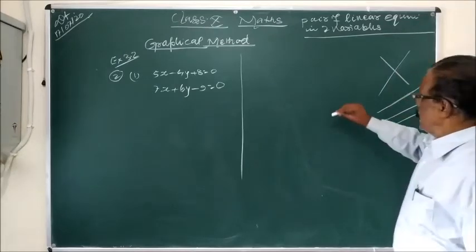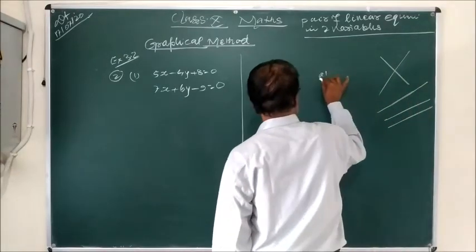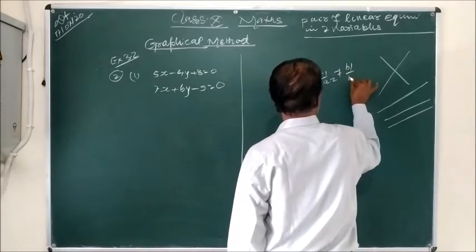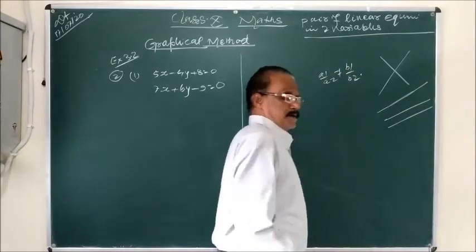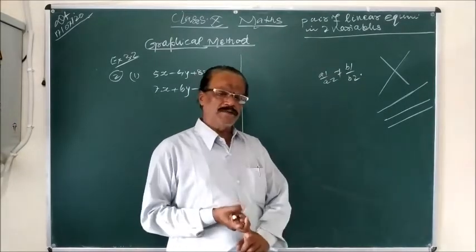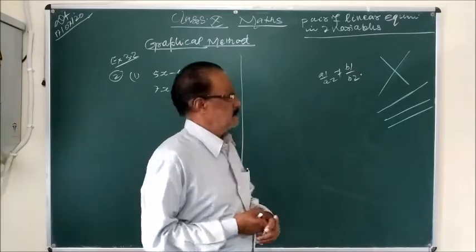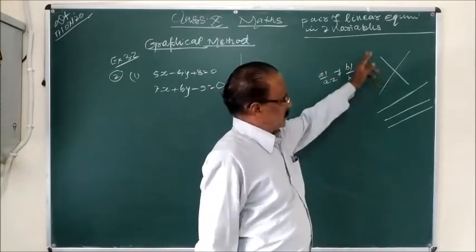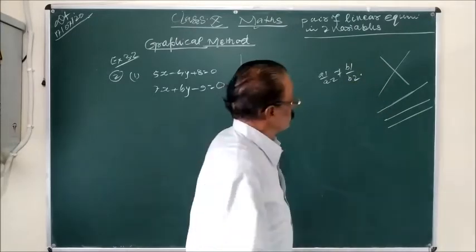I have already explained, if a1 by a2 is not equal to b1 by b2, this means the equations have a unique solution. You can find the values of x and y variables. And if you represent it on the graph, the lines will be intersecting.